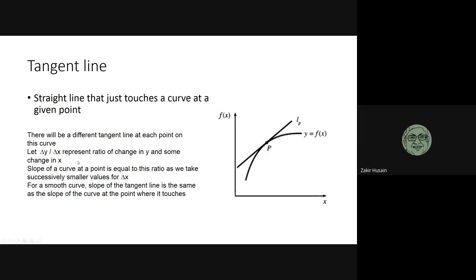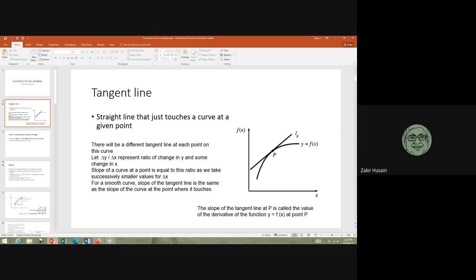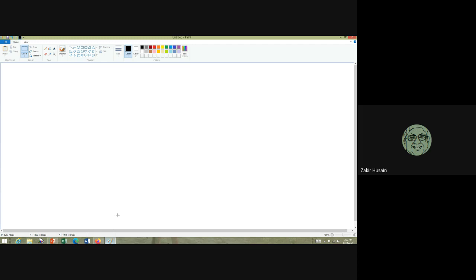Now let us suppose, as we move along this tangent, we change x a little bit. This will lead to a change in y. If we change x a little bit, we have a change in y.